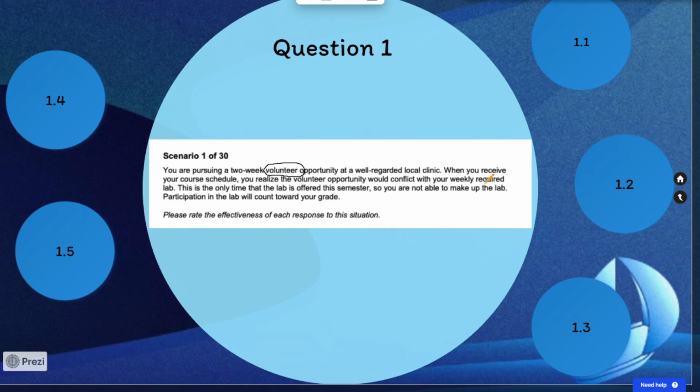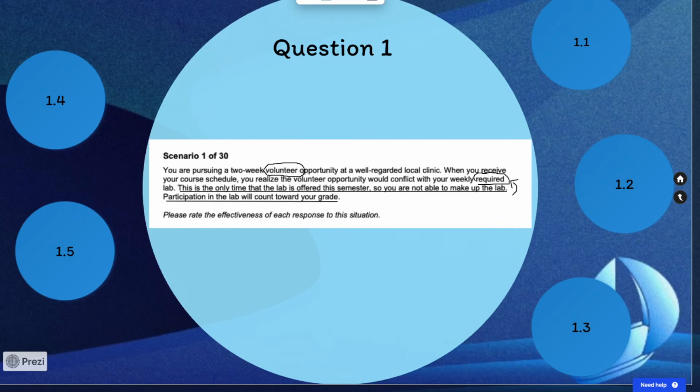But our lab is required by our school. They even put these 2 sentences at the end that we can't make up the lab, and our participation will count towards our grade. That reinforces that this lab is really required, and we should not compromise on attending it. That's what I'm thinking as I'm going through and reading the question.